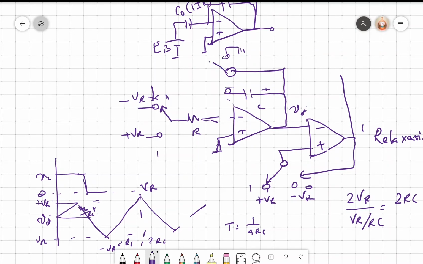So either this is connected to the input or ground. Again, this is connected to input or ground. So when this is connected to input, this is connected to ground, and so this controls. So I have switches S1, S2, S3, and S4. Four switches.